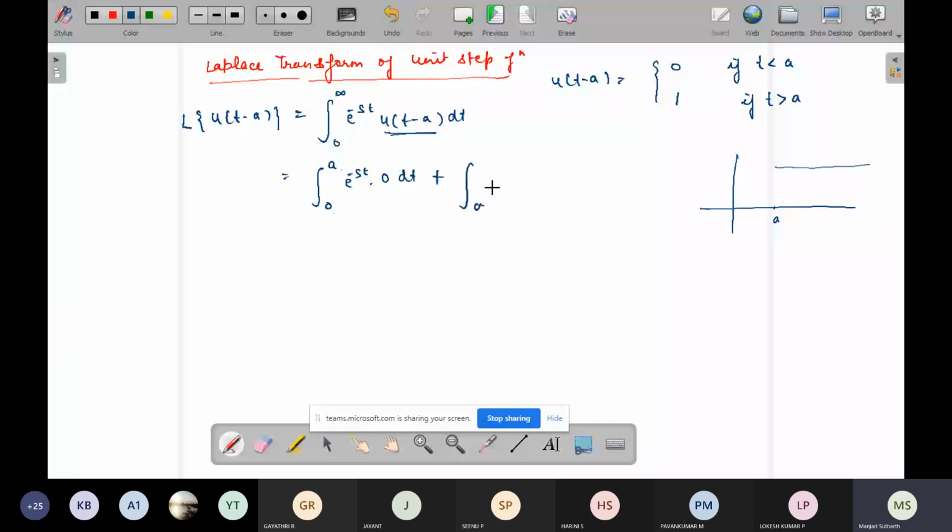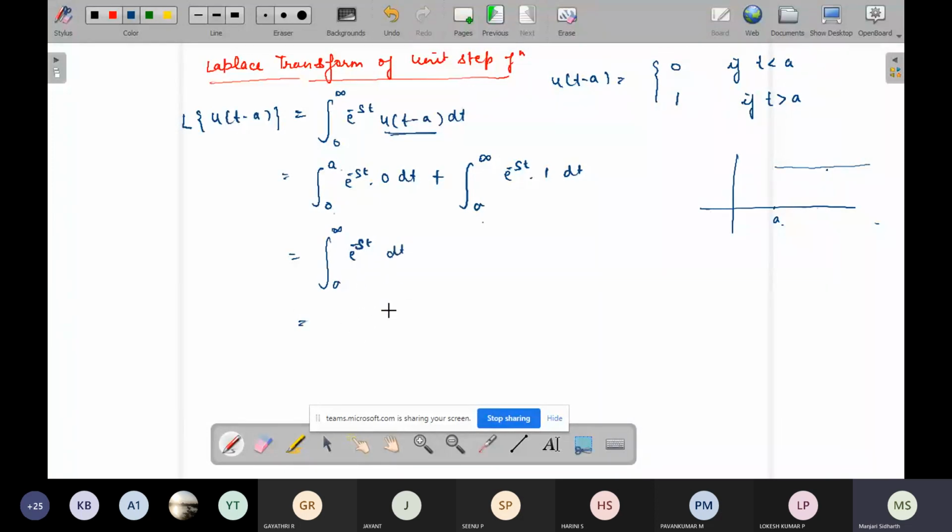Now a to infinity, the function value is given as 1, dt. So the first part is completely 0. That means we need to find a to infinity e power minus st dt.